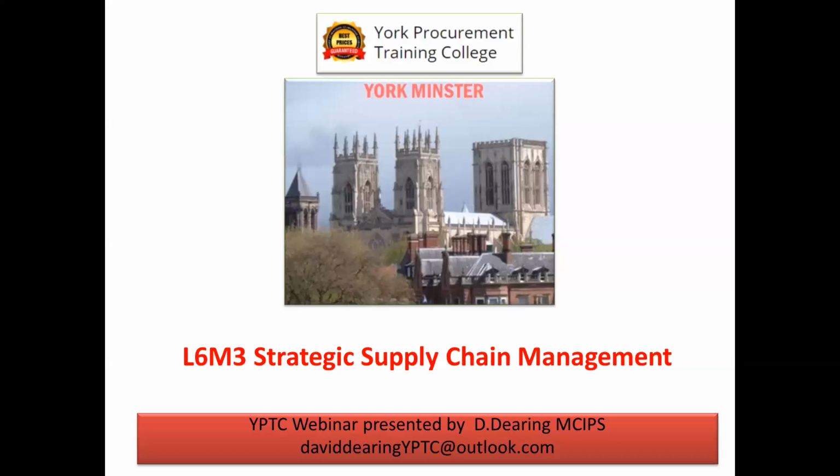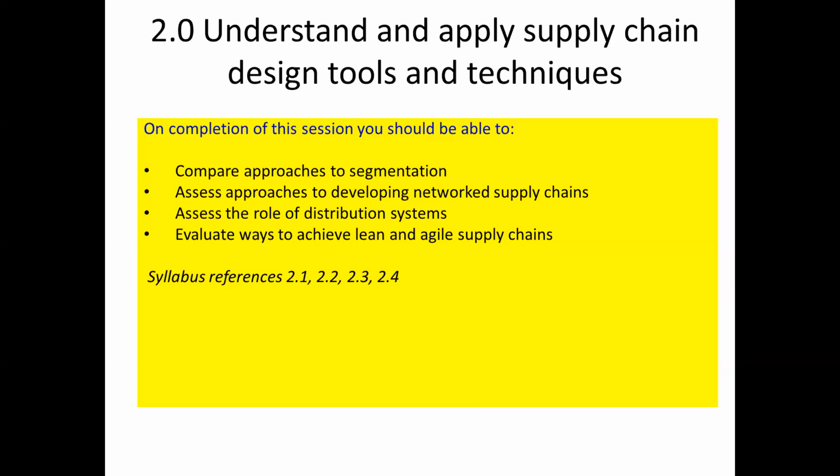Okay, we're on to chapter 2, and again we'll just cover the key points. How do we segment supply chains? How do we segment customers? That is the examiner's favourite question from the old syllabus and even from the new one, because it's so easy to examine.